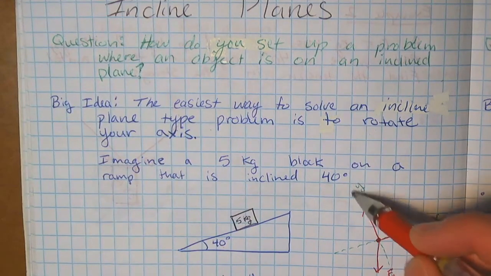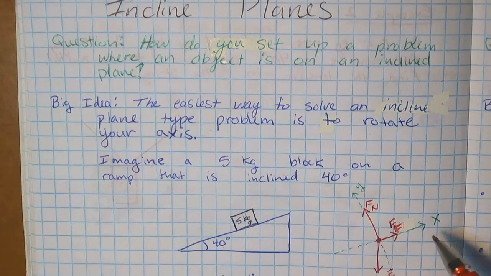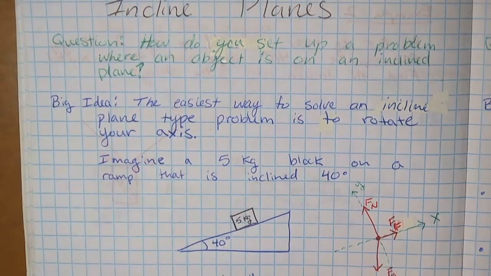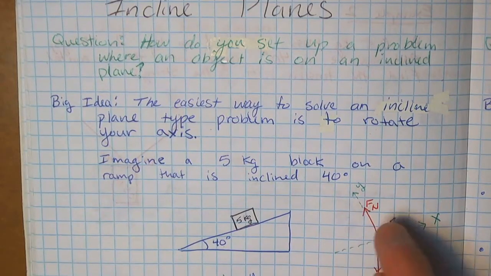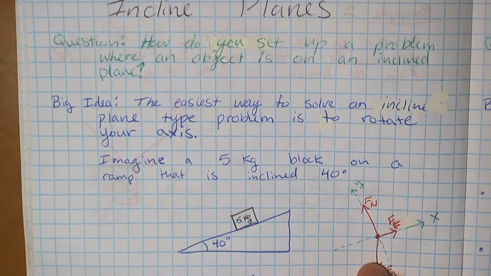So what we want to do is change it so that the y direction is aligned with the normal force, and the x-axis is aligned with the ramp, basically the surface. The reason we want to do that is, one, mathematically it makes our lives easier, because gravity is now the only force we need to break into pieces using sine and cosine.